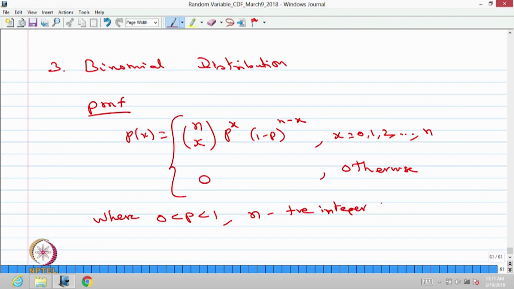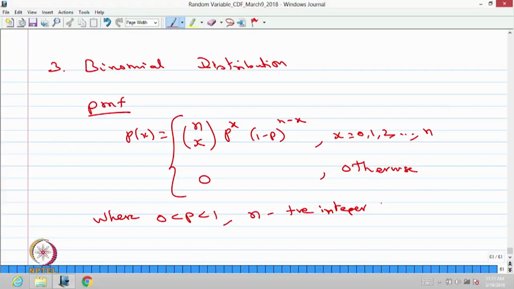The probability mass function is of the form n c x p power x, 1 minus p power n minus x. Once you know the value of p and n, you know the probability distribution of this random variable. Therefore, we call n and p the parameters of the binomial distribution.